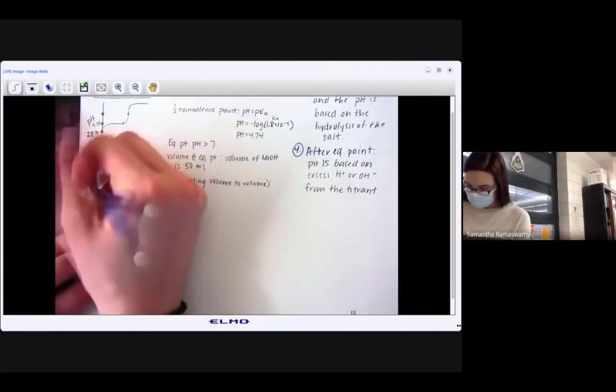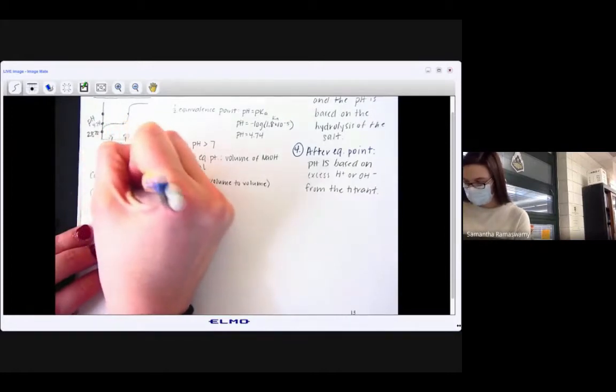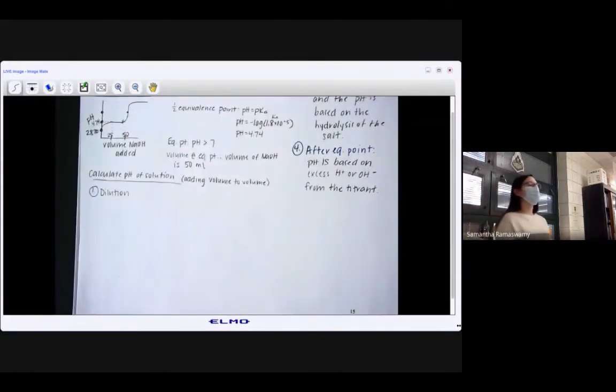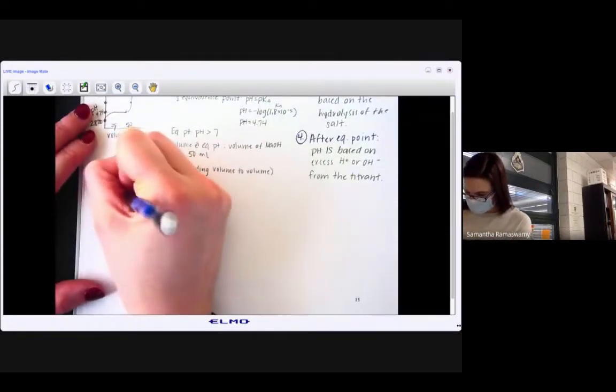So the first thing we look at is dilution. To calculate the pH of this solution, our goal is to eventually figure out what the pH is. But when we mix these 2 solutions together, we're changing their molarities. So since we're adding volume to volume, we want to start with the dilution. So I'm just going to label it like this.